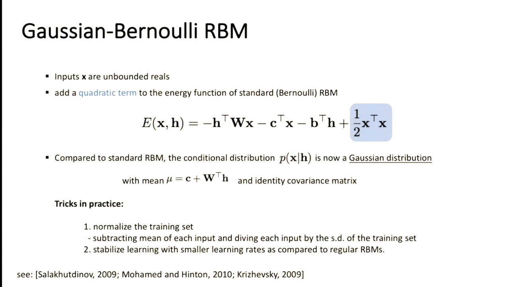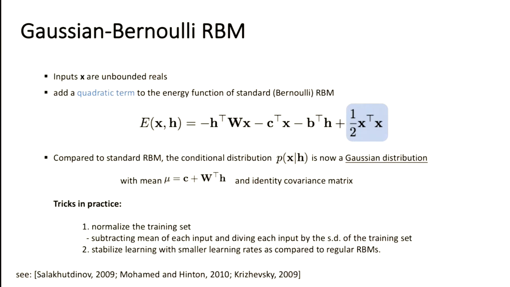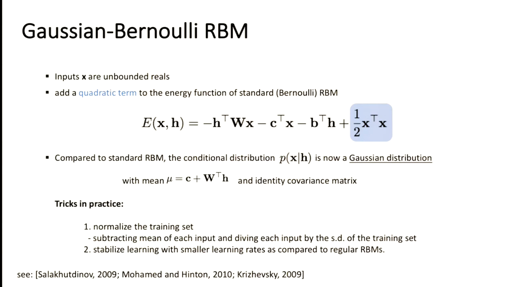Typically, you could choose an identity covariance matrix, or you could also learn or parameterize the variance itself. In practice, if you have a parameterized variance, it's difficult to learn. So it is observed that using an identity covariance matrix gives you sufficient performance with a Gaussian Bernoulli RBM.